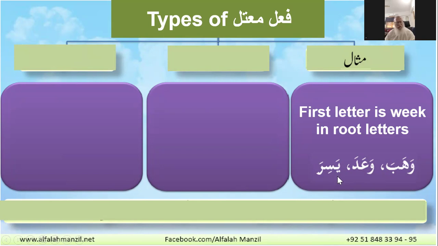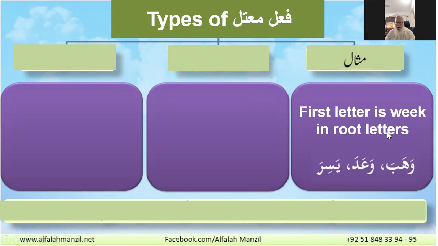Remember, actually, weak letters are only two, Waw and Ya. Alif is not considered because it always comes in place of Waw or Ya. If Alif appears in a verb, just like Qala, Zada, then actually it is not Alif. It is either Waw or Ya.